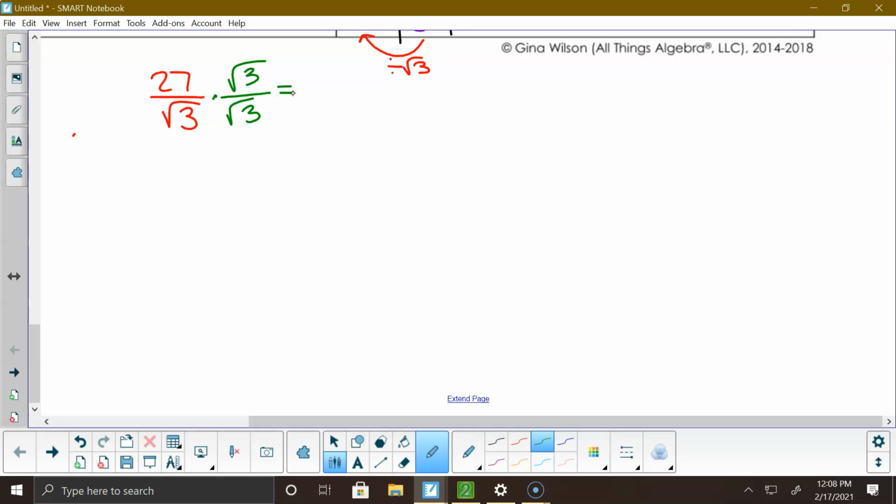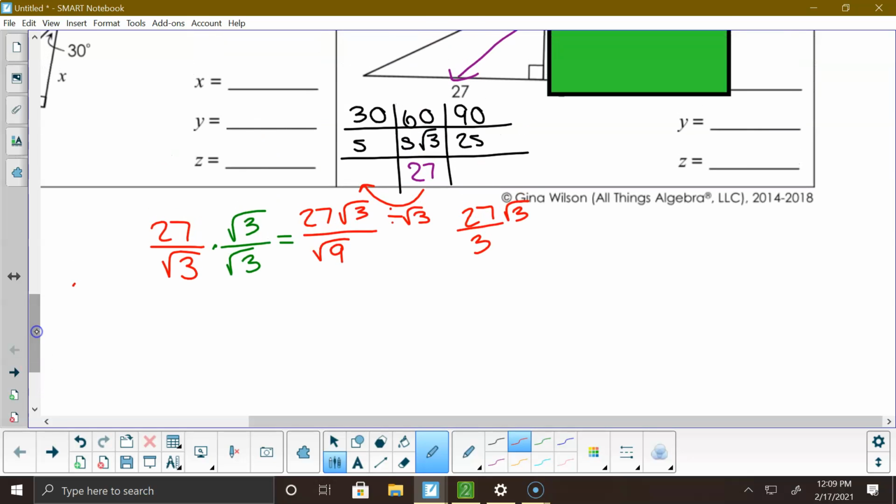Okay? Because what is square root of 3 divided by square root of 3? Just 1. They do cancel each other. So I've got 27 square root of 3 over square root of 9. What is this? Can I do 27 over 3? Is 27 divided by 3? Fine. So, this little box right here is 9 root 3.